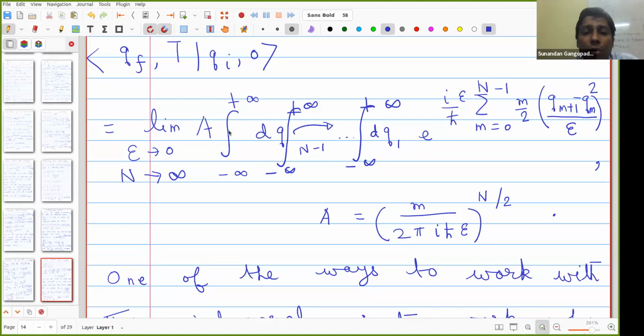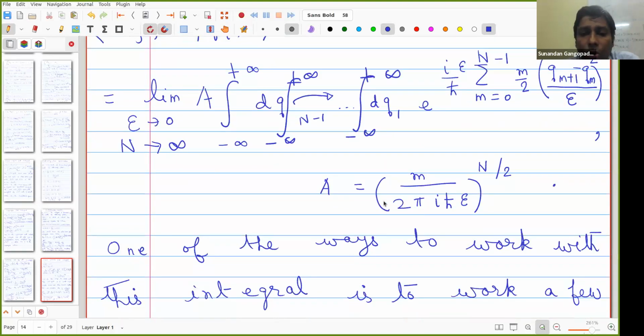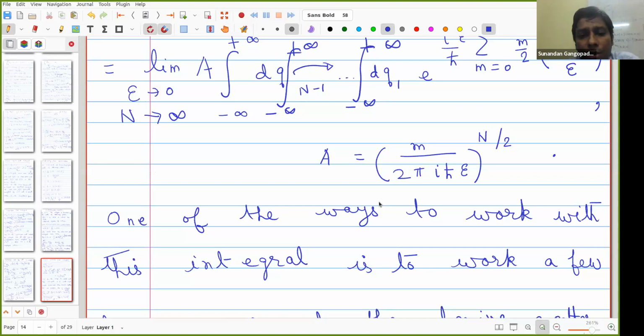But one may think that it is difficult, yet it may be doable, because all these integrals, the q1 integral, the q2 integral, up till q(N minus 1), run from minus infinity to plus infinity, and all these integrals are Gaussian integrals. This is the nice thing about this object. So since these are Gaussian integrals, there may be a way to actually calculate this thing exactly.